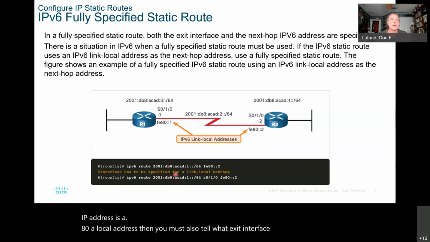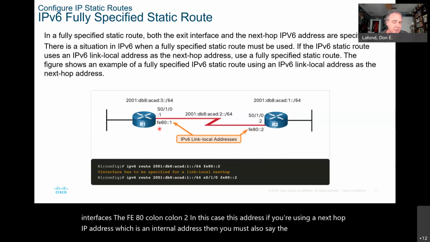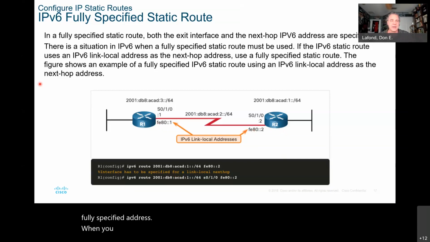Remember your local interfaces, the FE80::2 in this case. If you're using a next hop IP address that is a link-local address, then you must also specify the exit interface, because FE80::2 could be in multiple places. So it is required to use a fully specified route when you are using a link-local address.